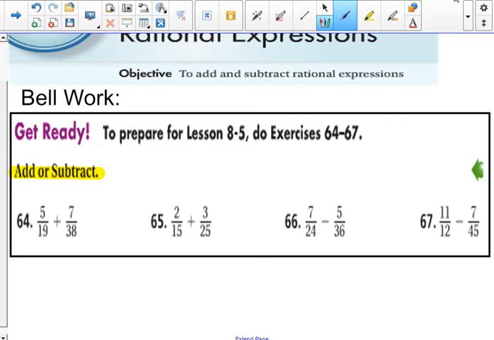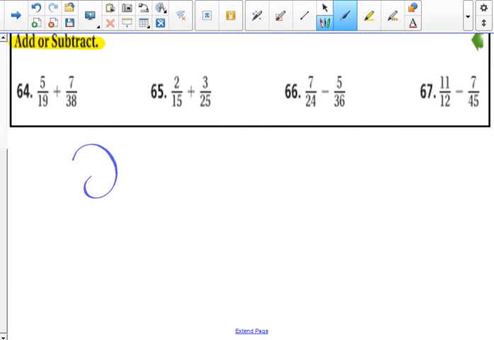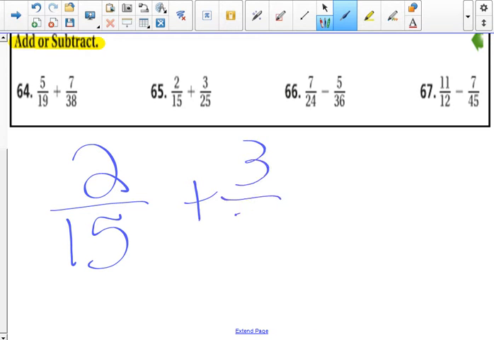Do number 65, which is 2/15 plus 3/25. I'm going to pause the video. Okay, so take a moment and work this. And if you can't see it very well, let me extend this. It's 2/15 plus 3/25.